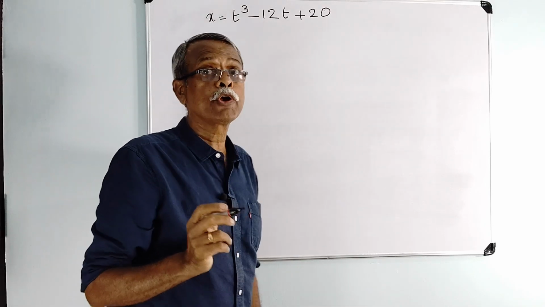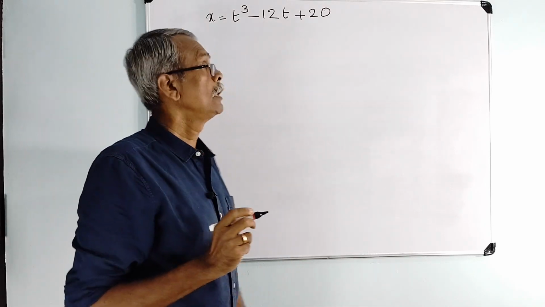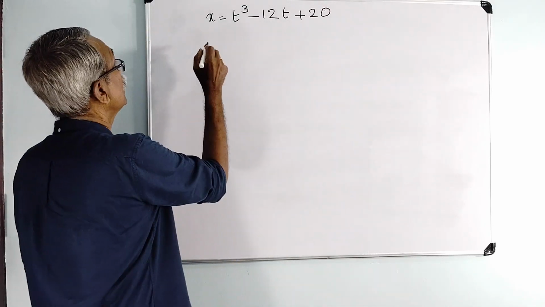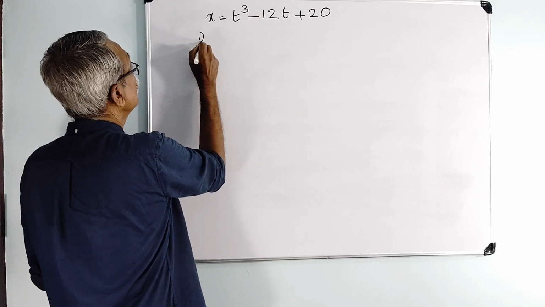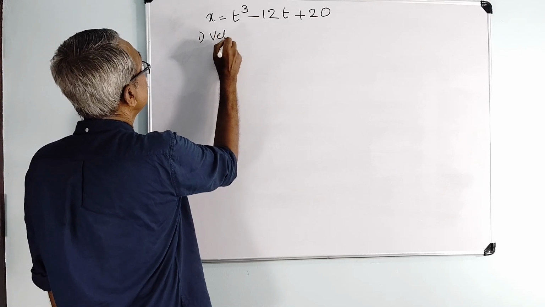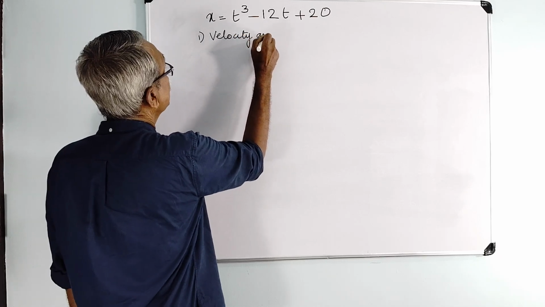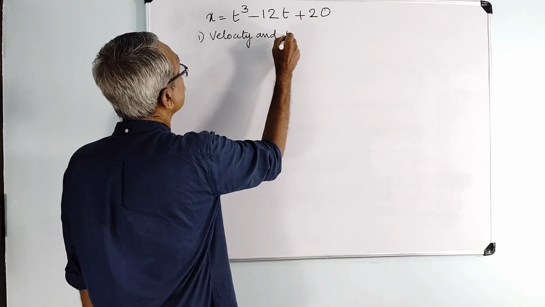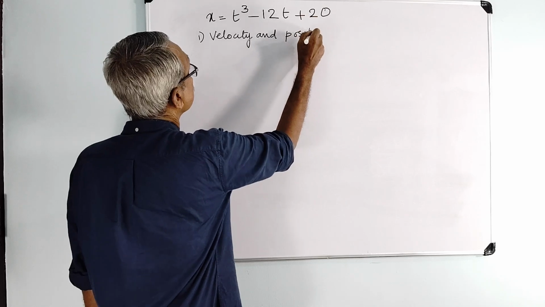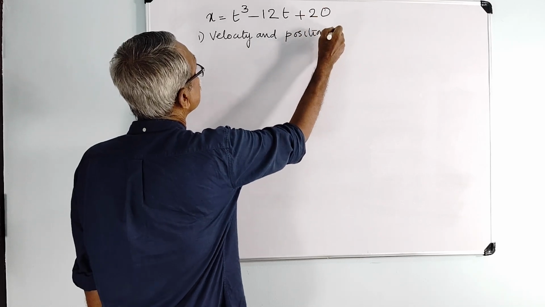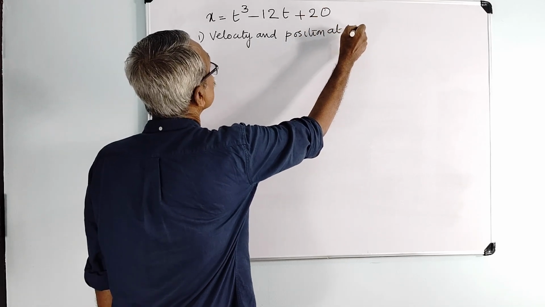This is a cubic function. Now we are asked to calculate, one, velocity and position at t is equal to 0.